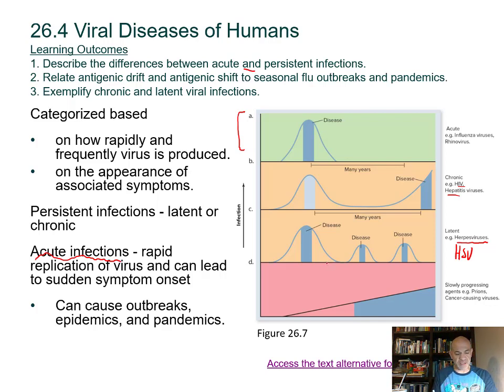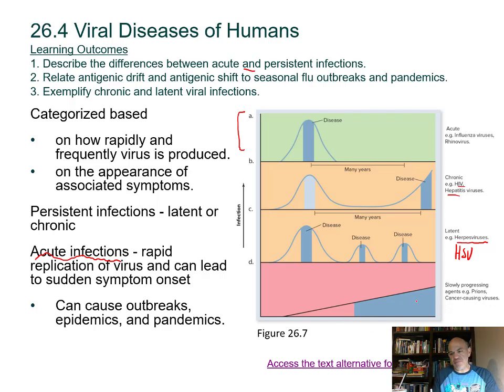So it would become part of a chromosome and be called a provirus at that time. And then sometime down the road, the virus comes out of latency and begins to produce more virus, and then you get disease again, and then it goes back into latency, and then disease again, and that's exactly what happens with things like cold sores and genital herpes.